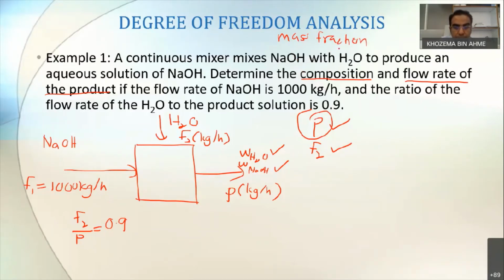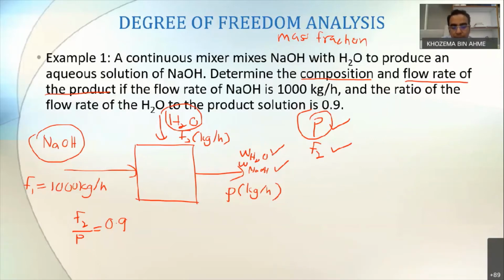So if I'm looking for mass fraction, then I have mass fraction for water and mass fraction for NaOH, because this is a mixing system. When you are mixing a pure component of NaOH and a pure component of H2O, you will end up with an aqueous solution, which is a combination of NaOH and water.